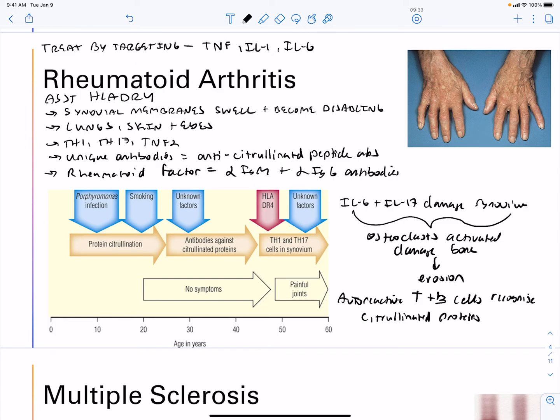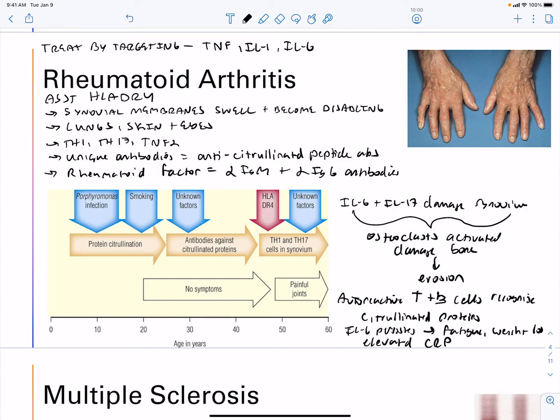And then you're going to have IL-6 persisting as an acute phase response. And this leads to fatigue, weight loss, elevated C-reactive protein, liver influence.